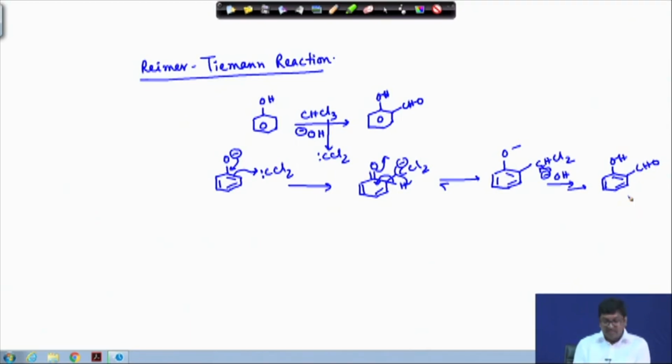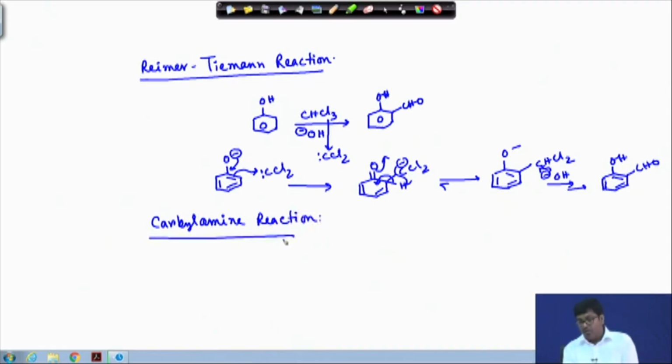Okay. And another reaction in this aspect, considering the carbene reactions, if we do not mention that particular reaction it will not be complete, that is called the carbylamine reaction. Okay.